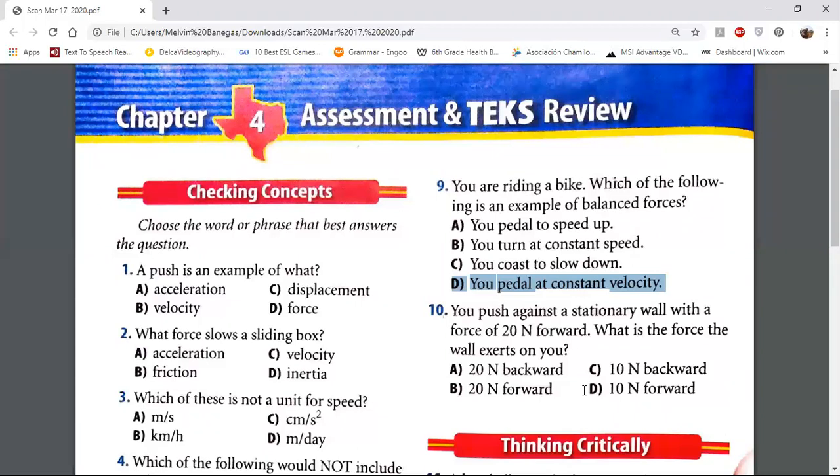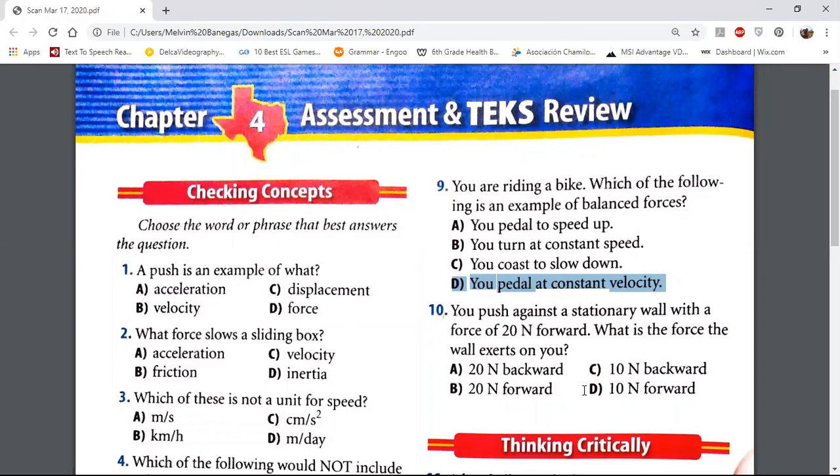What is the force the wall exerts on you? Read the options, please. 20 N backward, 20 N forward, 10 N backward, 10 N forward.